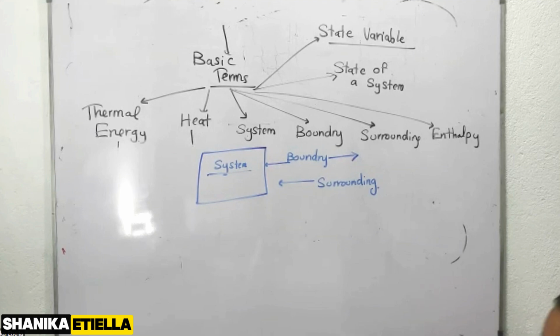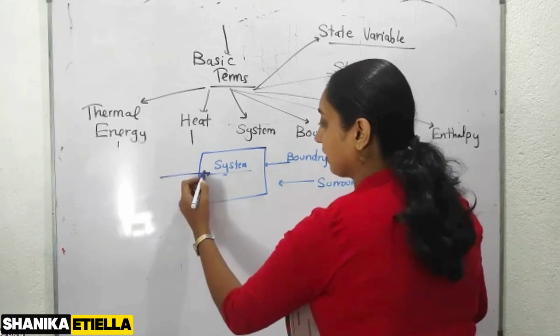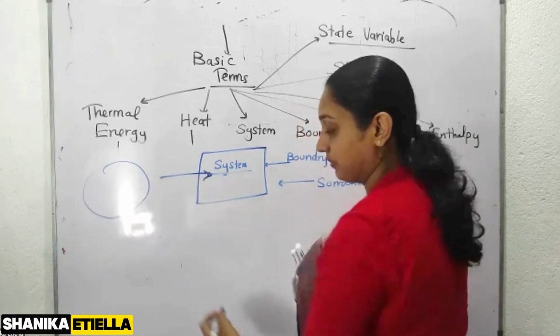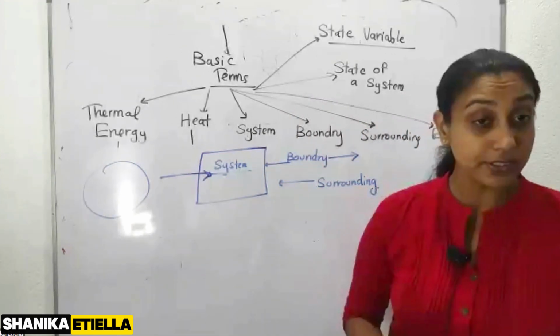Okay, then write down under system, with an arrow, the definition of the system.